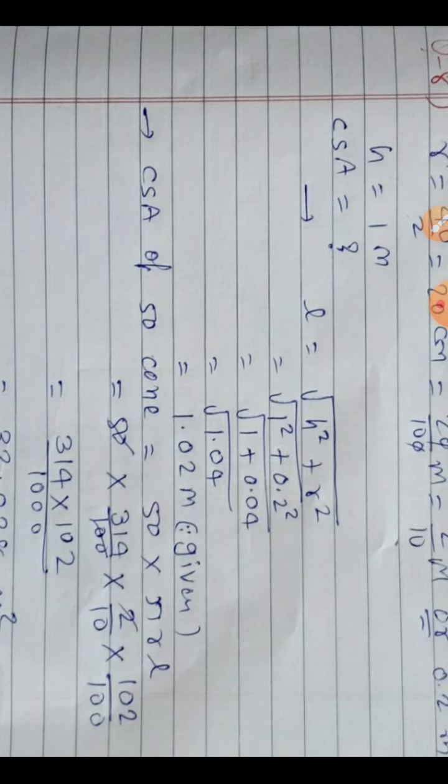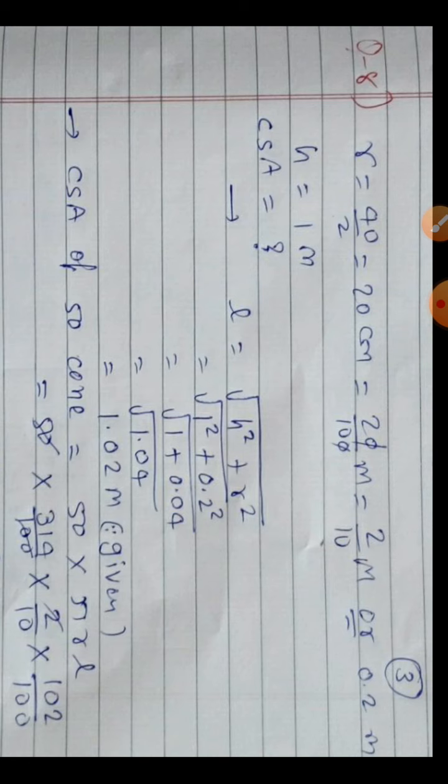We try going ahead, then if required we will come back here. Okay, so R given 40 by 2. Why? 40 is diameter, so it is divided by 2, so R becomes 20 centimeter. But we have to convert that centimeter into meter, so it becomes 2 by 10 meter, otherwise 0.2 meter. Actually we don't keep any decimal form, but here we are keeping it.